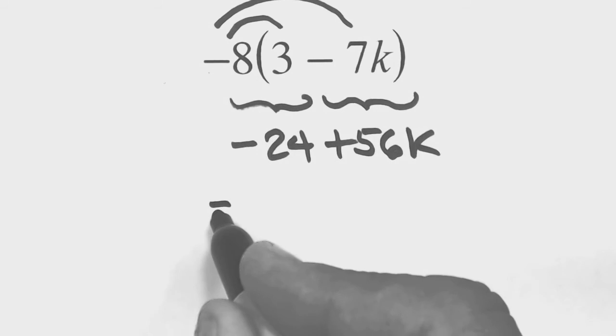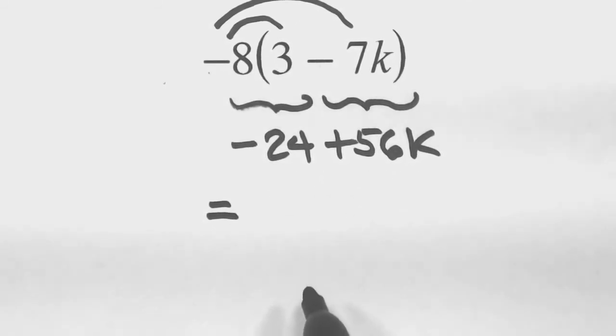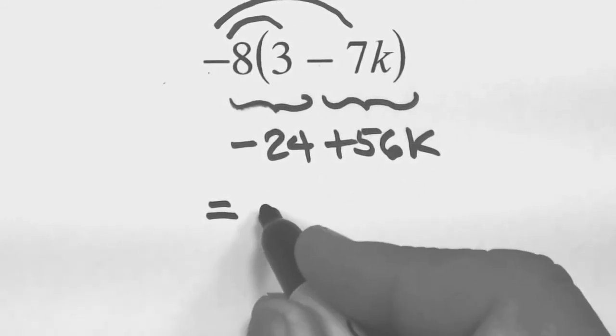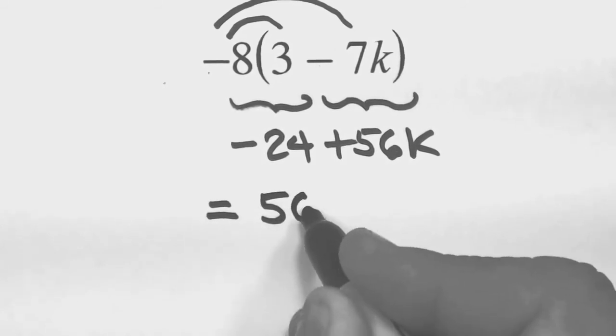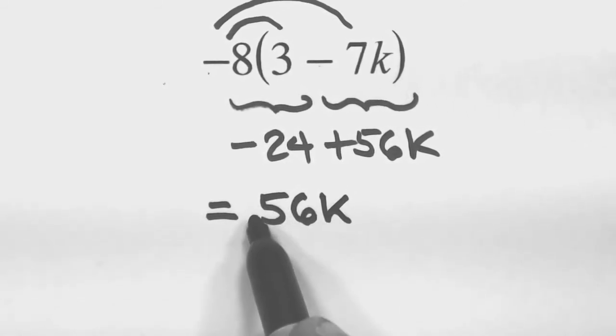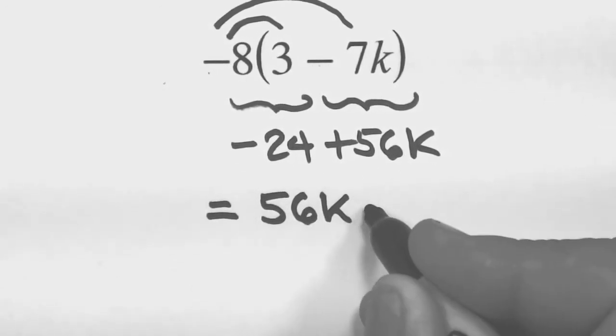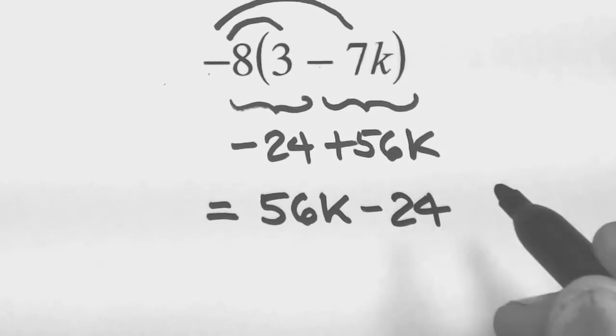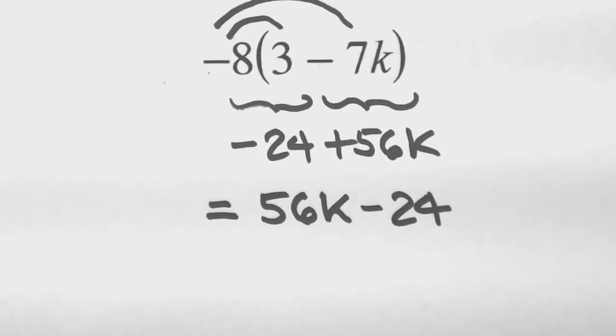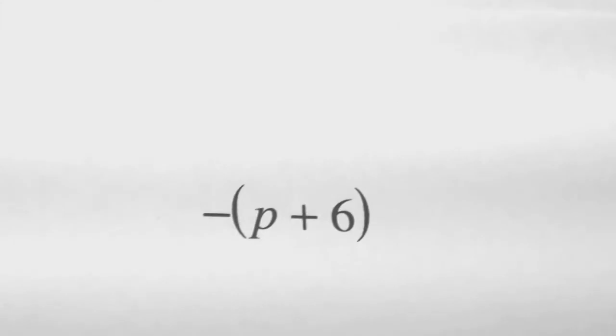Now, in the final answer here, you'll want to turn these guys around because we like to have the variable first. So 56k, remember, you don't have to put the plus if it's the guy in front, can if you want. And then, of course, minus 24. So there would be the optimal way of indicating the answer on that one.